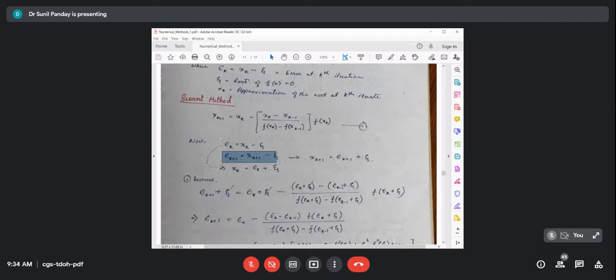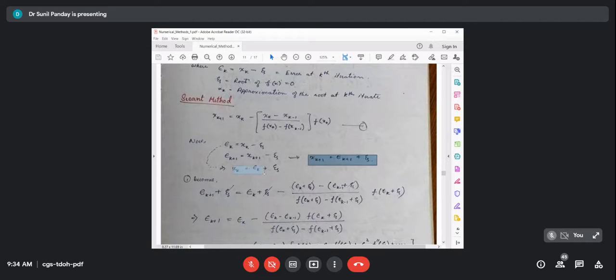So here epsilon k is the error at the kth step, and epsilon k plus 1 is the error at the k plus 1th step. So we can rewrite this expression: epsilon k plus 1 equals xk plus 1 minus epsilon, as xk plus 1 equals epsilon k plus the exact root xi.